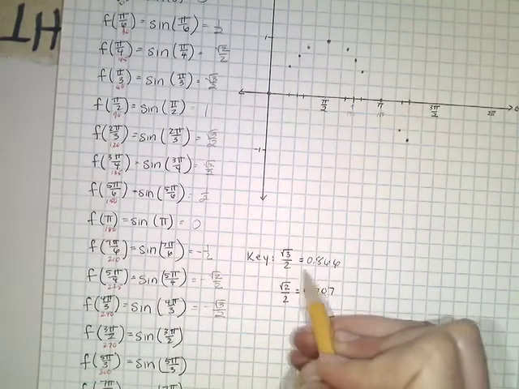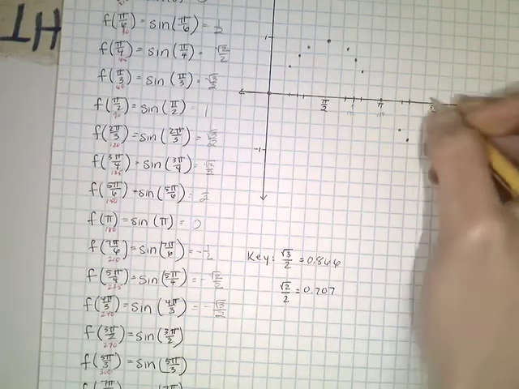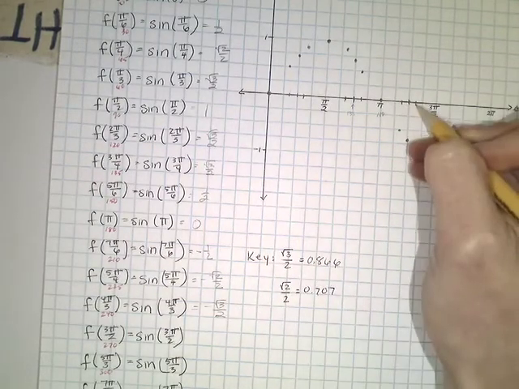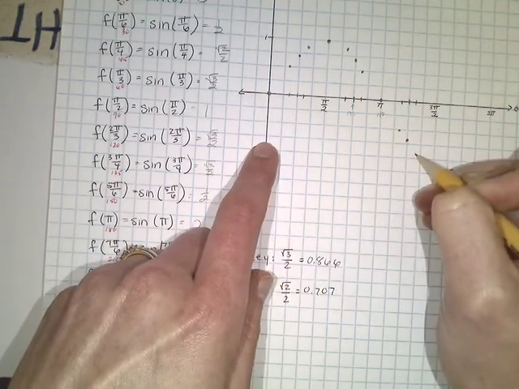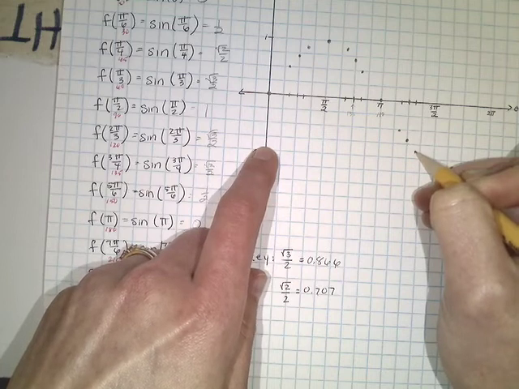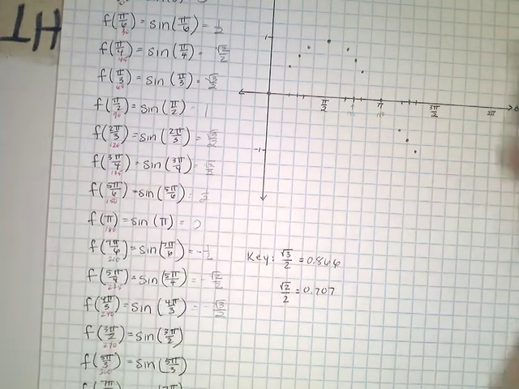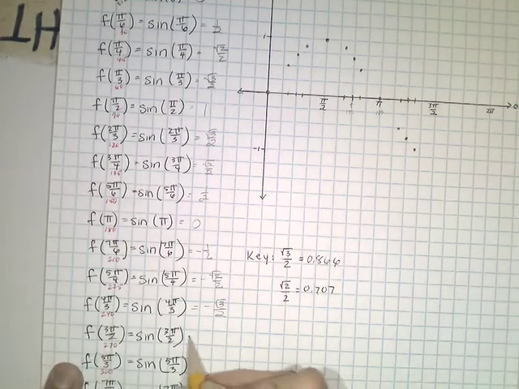Negative radical 3 over 2 is negative 0.87, right? Negative, right about there, 0.87. Where did I put this one? Kind of like here-ish, right? All right, and then 3 pi over 2, 270, right?